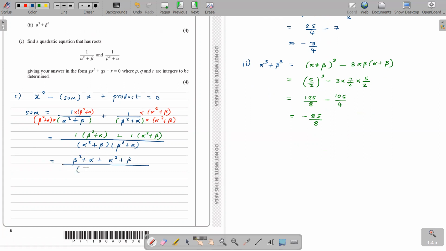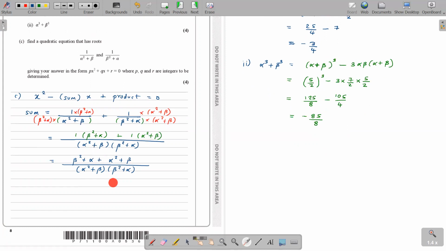Now, the values are alpha square plus beta and beta square plus alpha. Do we know the value of alpha square plus beta? No, right? So we have to open the brackets even in the denominator.